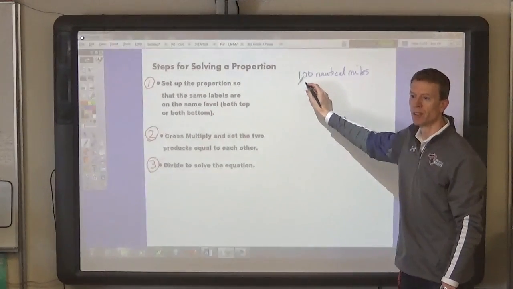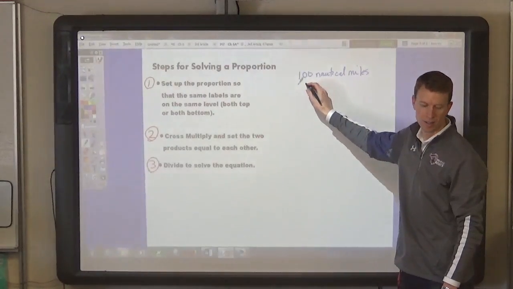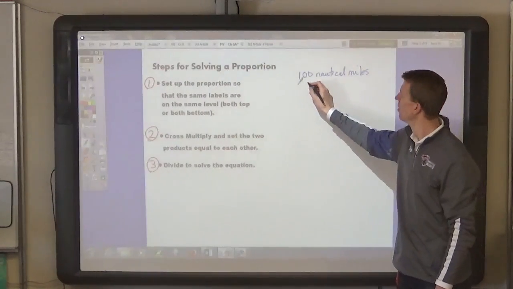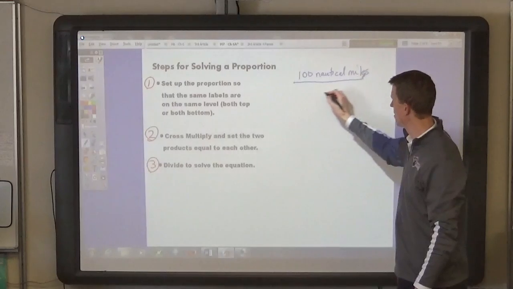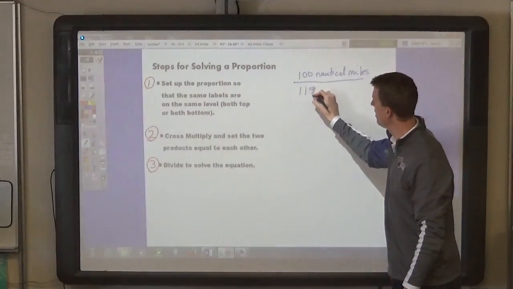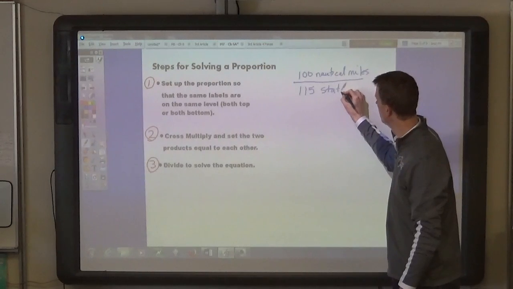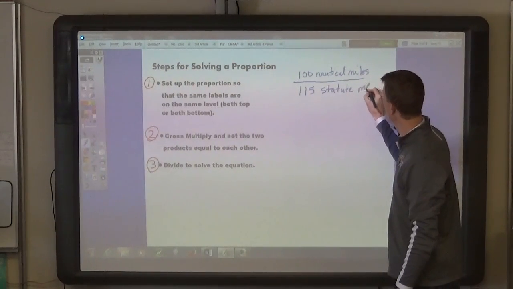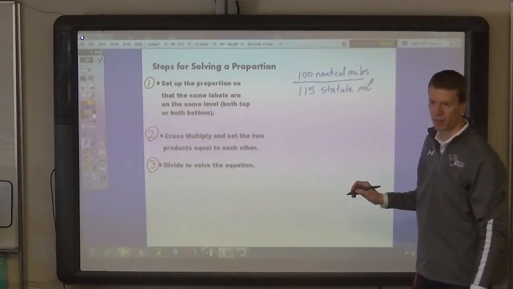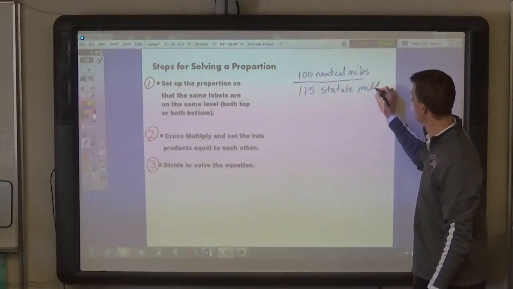How many statute miles? 115 standard or statute miles. Those are the miles that we're familiar with. Okay?